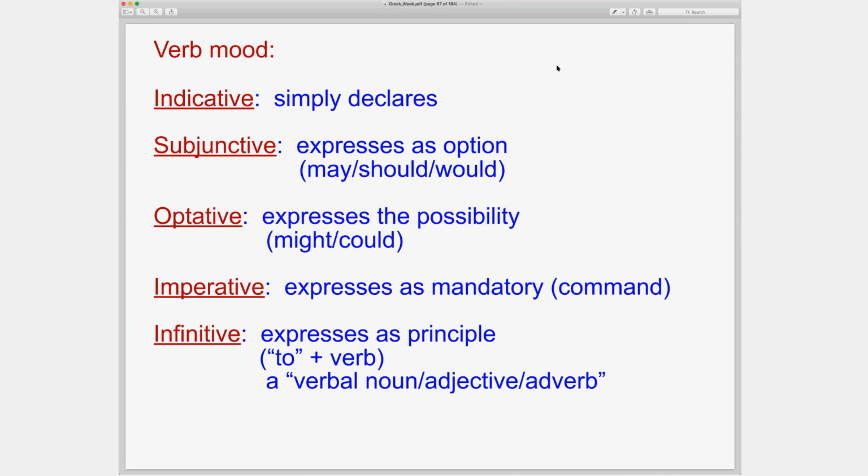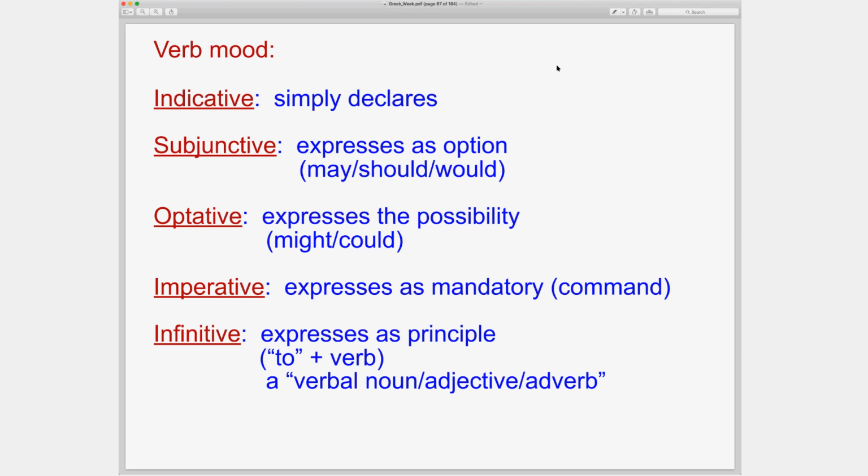Verb mood. Indicative simply declares something: I did it, or I'm doing it, or I will do it. Subjunctive expresses it as an option. So it would be may, should, or would: I may do it, should do it, would do it.